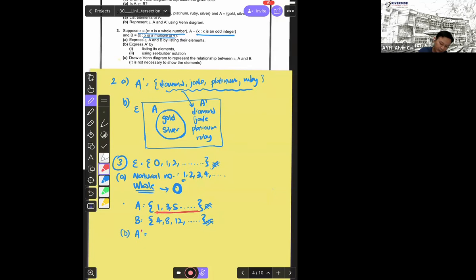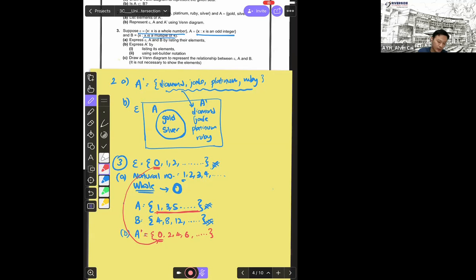So A complement, simply put, will be all the even numbers plus a 0. This one is going to be a common mistake that people miss out. So you must include the 0 because in the universal set, there's a 0 there. I want to just indicate over here, 0 must put in. Then followed by 2, 4, 6, then on and on. All right. So that's A complement.